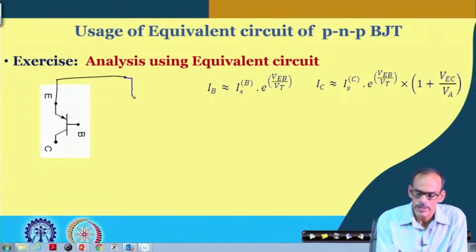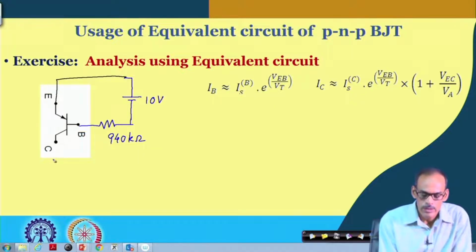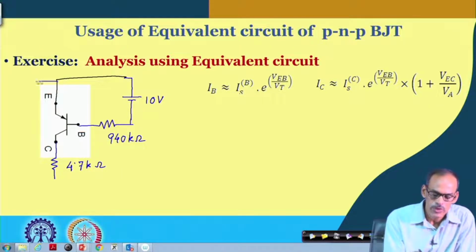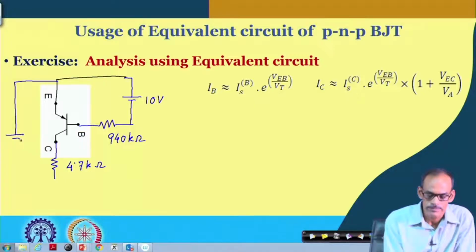Let us say again 10 volt, and again let us put a resistance of 940 kilo ohm. So, we have 10 volt, and here we can put a resistance of 4.7 kilo ohm, and we have 10 volt.